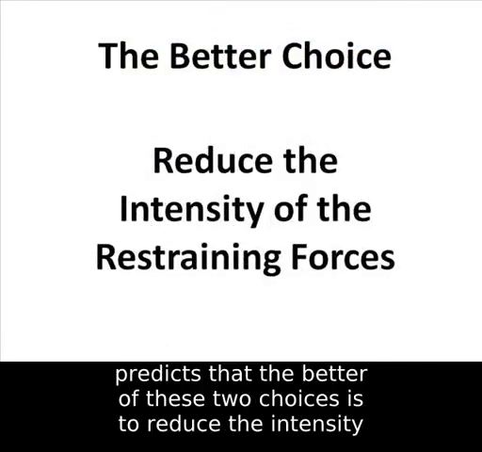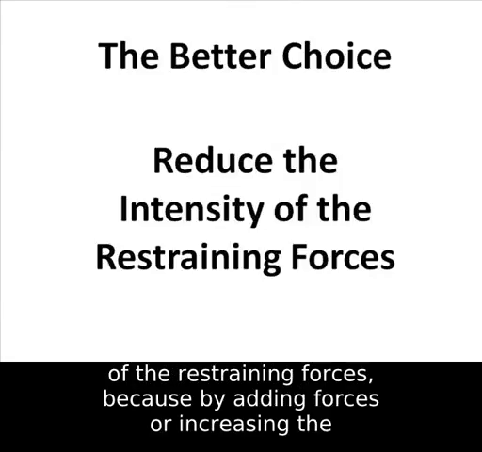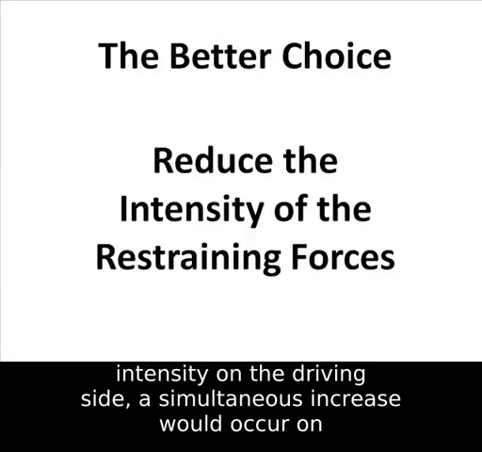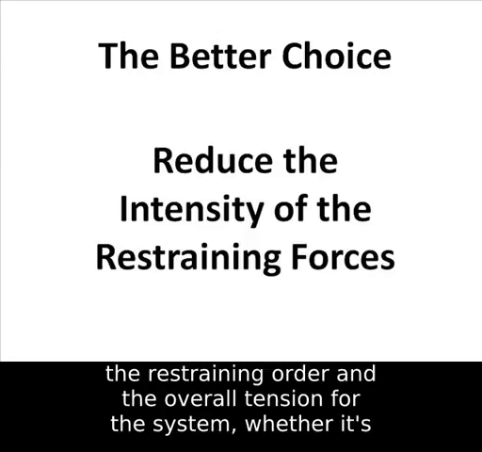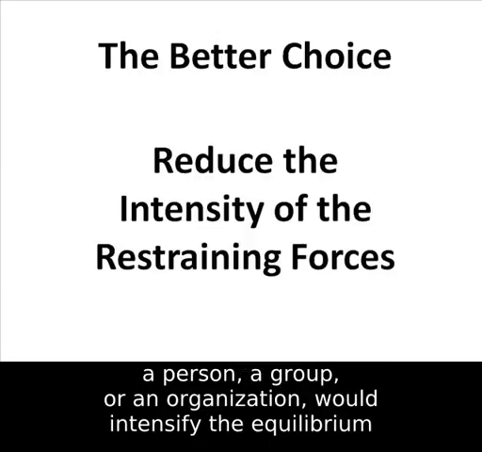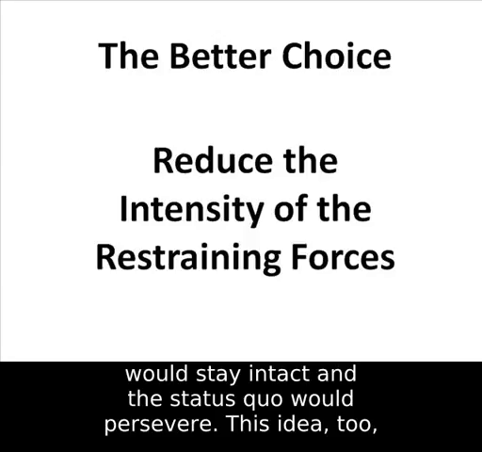Lewin's change theory predicts that the better of these two choices is to reduce the intensity of the restraining forces, because by adding forces or increasing the intensity on the driving side, a simultaneous increase would occur on the restraining side, and the overall tension for the system, whether it's a person, a group, or an organization, would intensify. The equilibrium would stay intact, and the status quo would persevere.